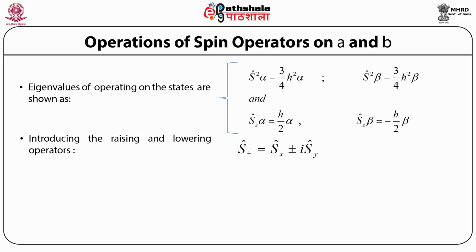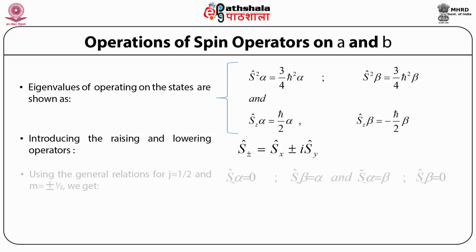Similarly, the lowering operator, S minus, is defined as Sx minus iota times Sy, where, like we said earlier, Sx is the x component of the spin operator and Sy is the y component.